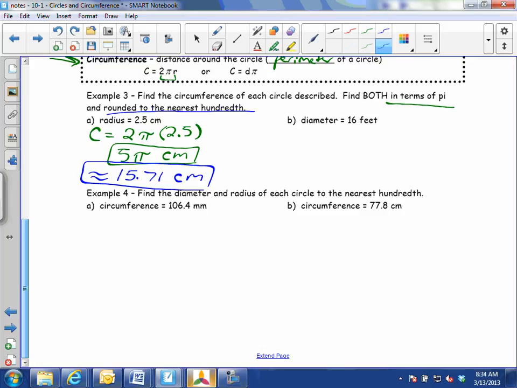All right, diameter. Which formula should we use in this case? The second one, diameter times pi, so we're just going to take 16 times pi. Oh, look at that, it's in terms of pi, that's all we have to do for that one. And then if we were going to round it, take it times 3.1415.